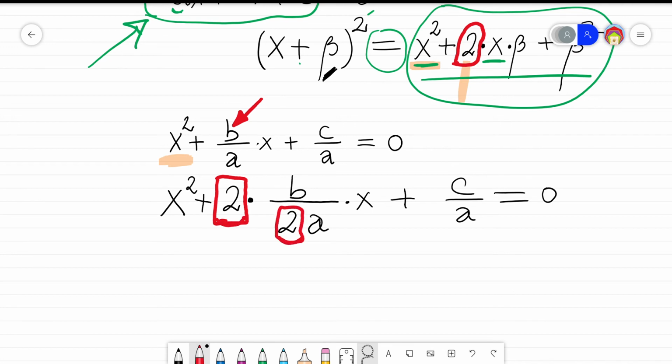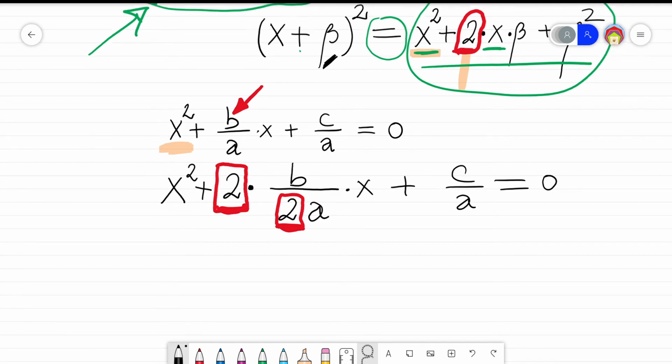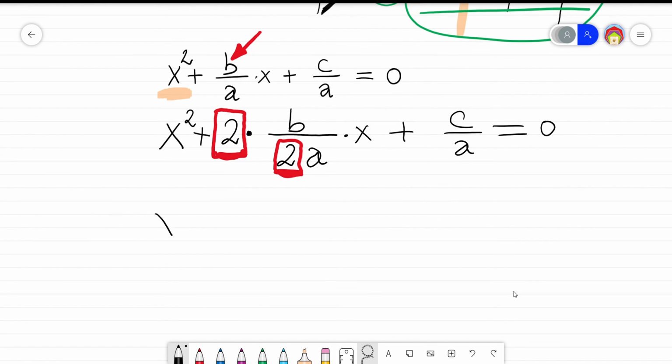So multiplying by 2 and dividing by 2 equals doing nothing. But I got the thing I need. So moving on, now I got x squared plus twice x, which is that one, and this whole thing is b.